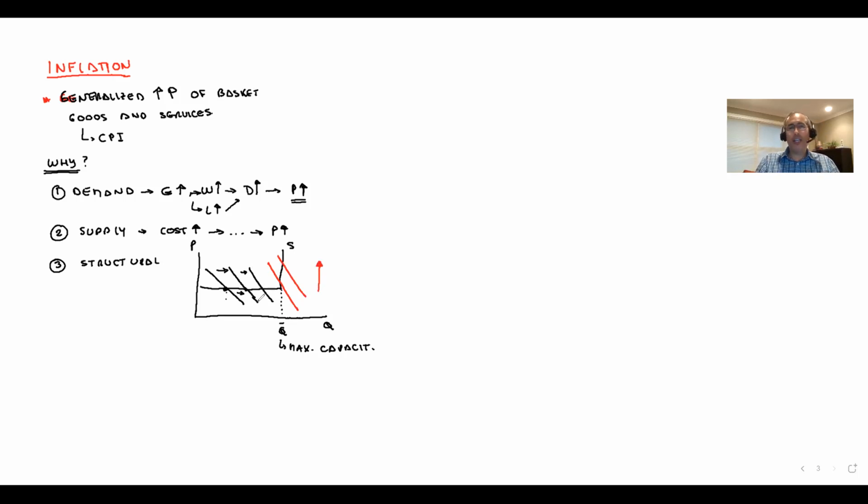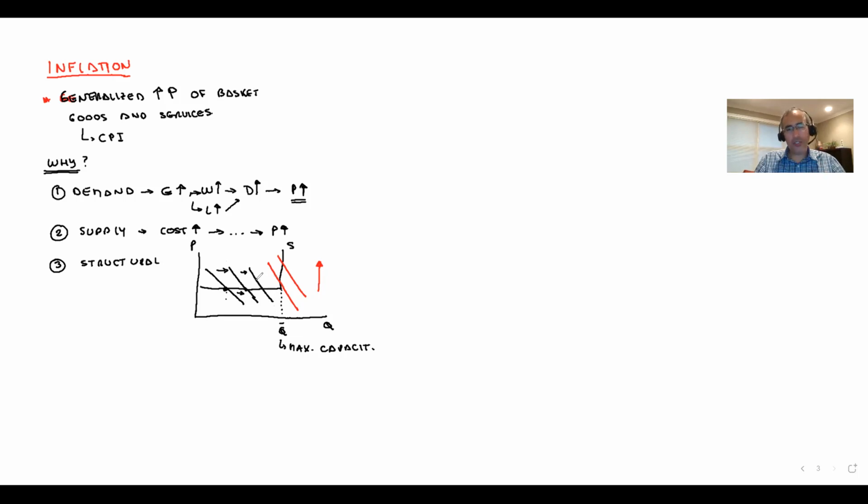That's why, I don't know if you have heard, economists always say we need to start cooling the economy. We need to do something to slow down the demand, or motivate these guys to create larger factories. But meanwhile, if we are in this part of the curve, inflation is not a big issue. This happens in the USA.